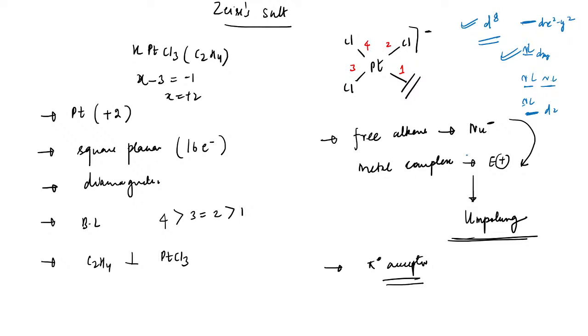Is it clear? Right, Bharti, is it clear? If you fill the electrons in your square planar complexes, knowing the splitting, I have told you how we can fill electrons in square planar complexes in the case of the 5d series. You just fill the electrons and you'll see that all electrons are paired. So this complex is diamagnetic.